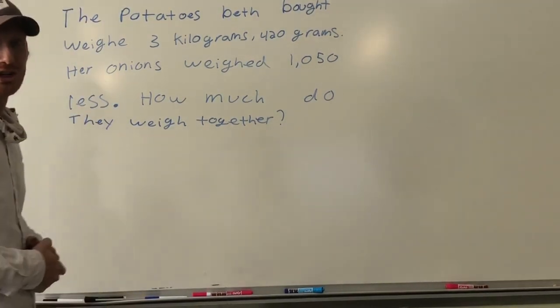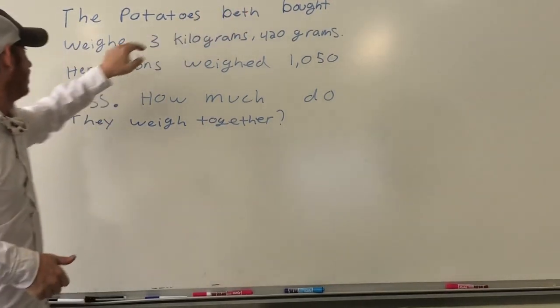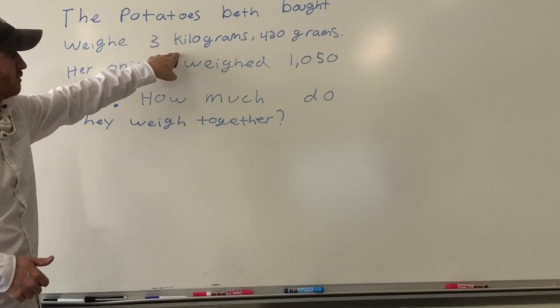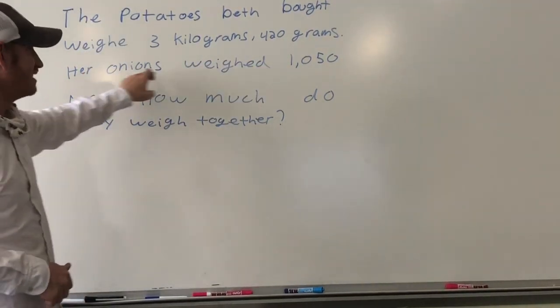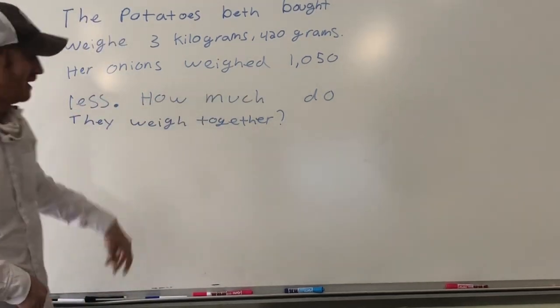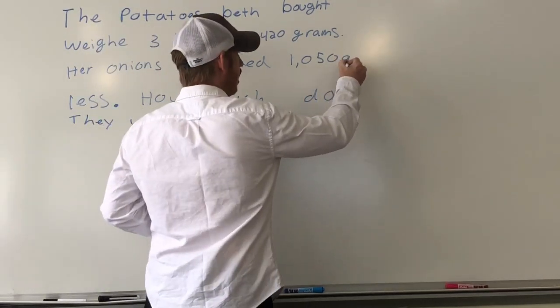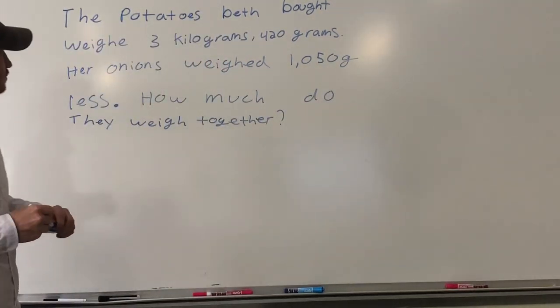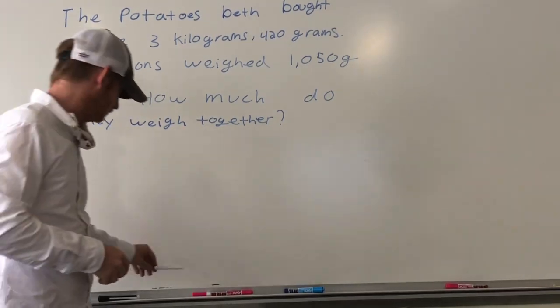The problem that we're going to do is: the potatoes Beth bought weighed 3 kilograms, 420 grams. Her onions weighed 1,050 less, and that should be 1,050 grams less. How much do they weigh together?